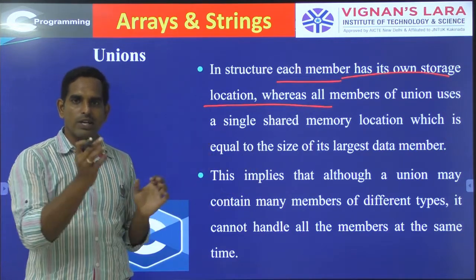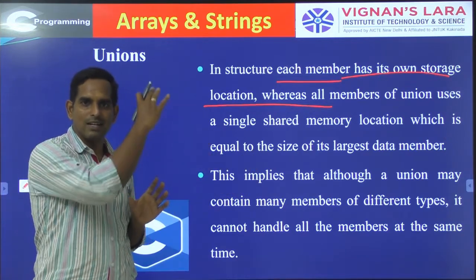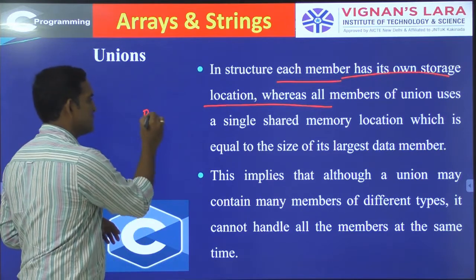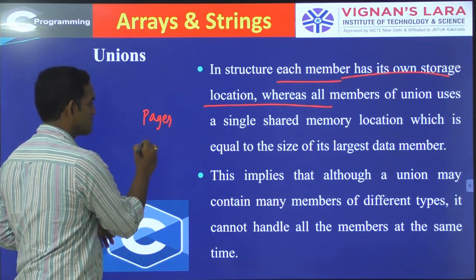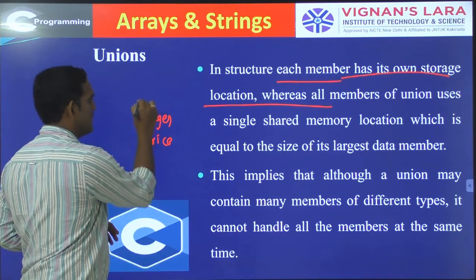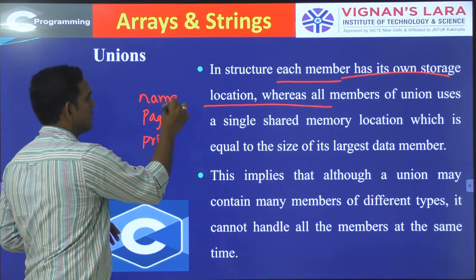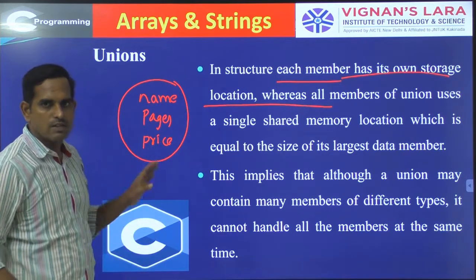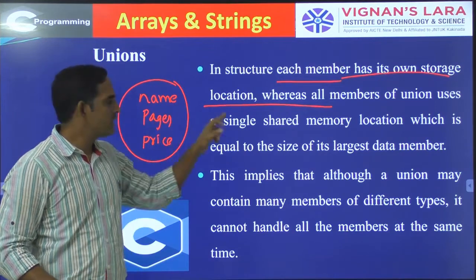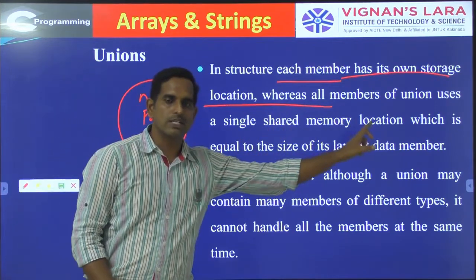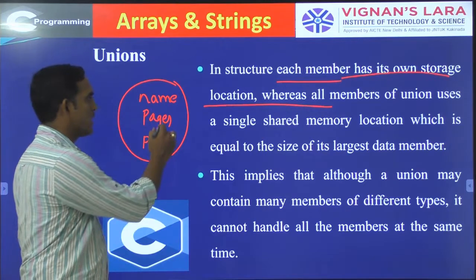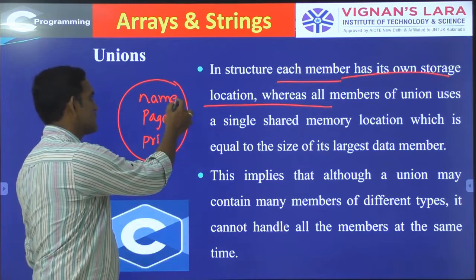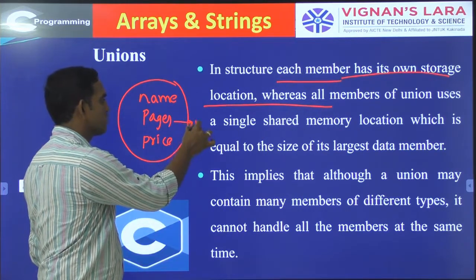But in a union, all the members, that is your pages, price, name, whatever may be, will share one memory location which will be equal to the largest size. For example, the size of your pages is 4 bytes.